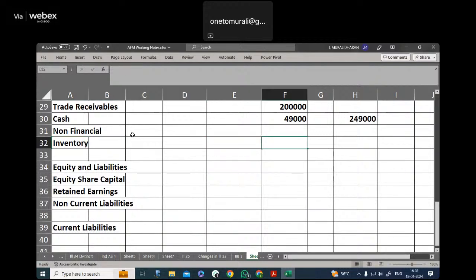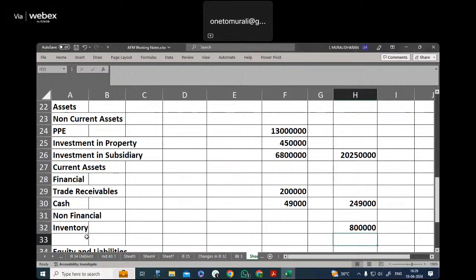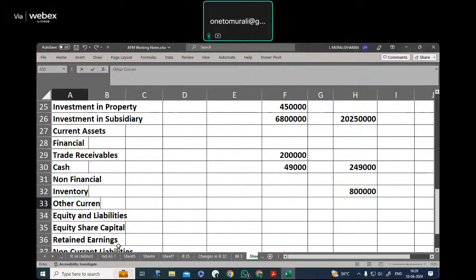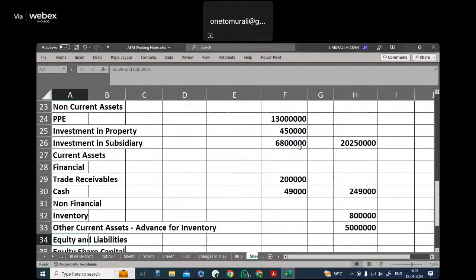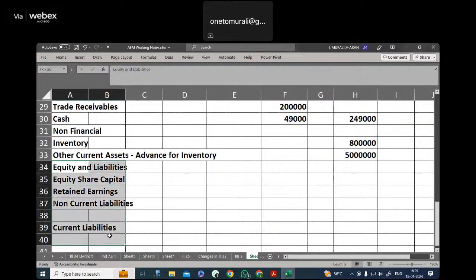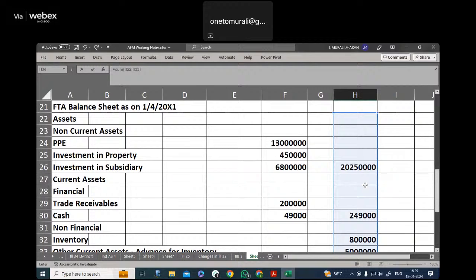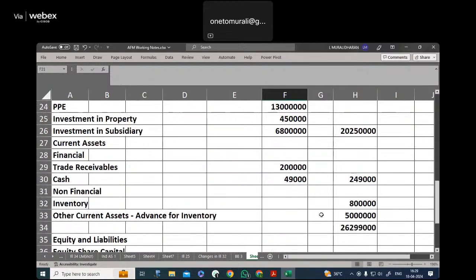Inventory, then other current assets, advance for inventory, right?